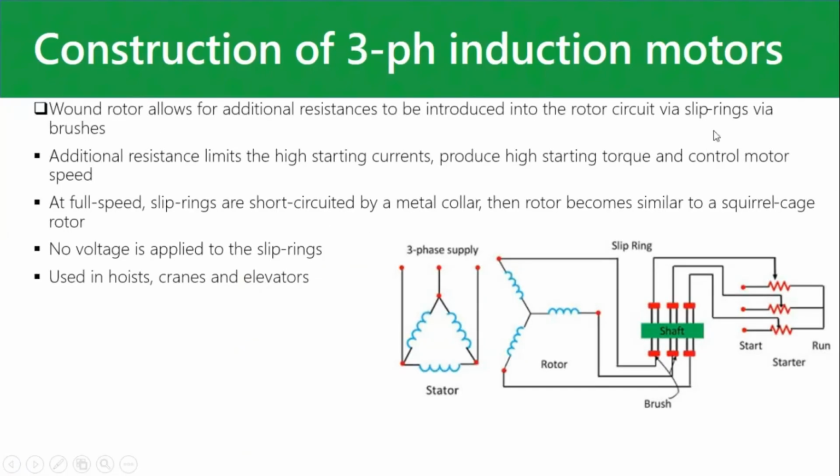Now, let's go over here. So here's your three-phase supply, three-phase coming in. So you see it's only connected to the stator. This can be star or delta. Doesn't matter however we want to use it. The rotor is always star. Now in this case, we've got these external resistors over here.